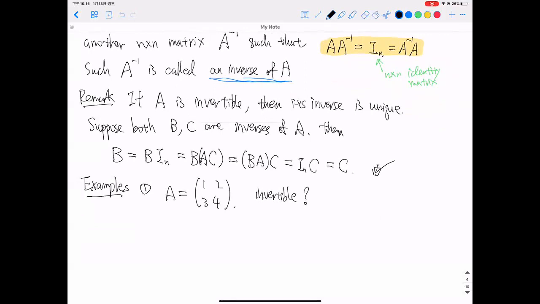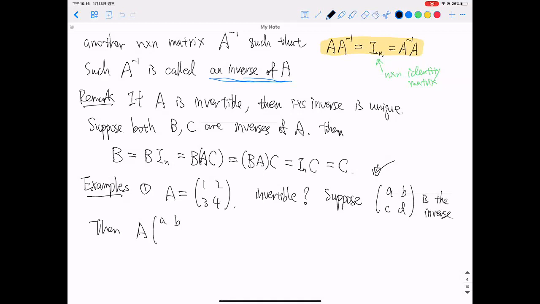Let's just suppose that it has an inverse, say a, b, c, d. Then it has to satisfy this property, right?